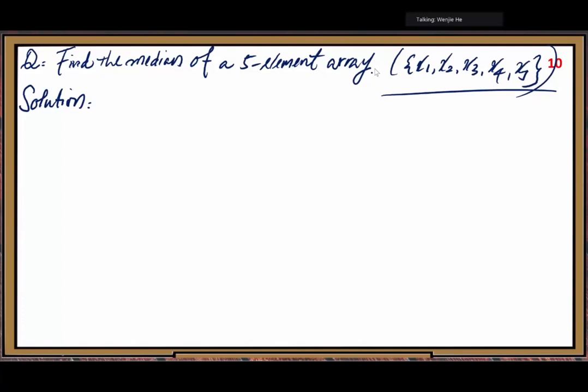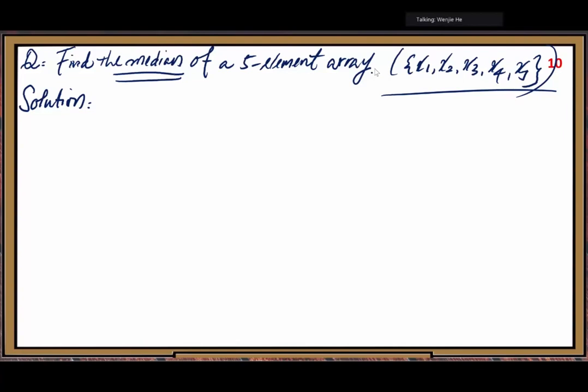That number is optimal. 7 comparisons, that's the optimal one. But here, we only need to find the median. We do not need to sort it. If you sort it, you do more than necessary work. That means 7 comparisons is more than necessary. So you should do better than 7 comparisons.